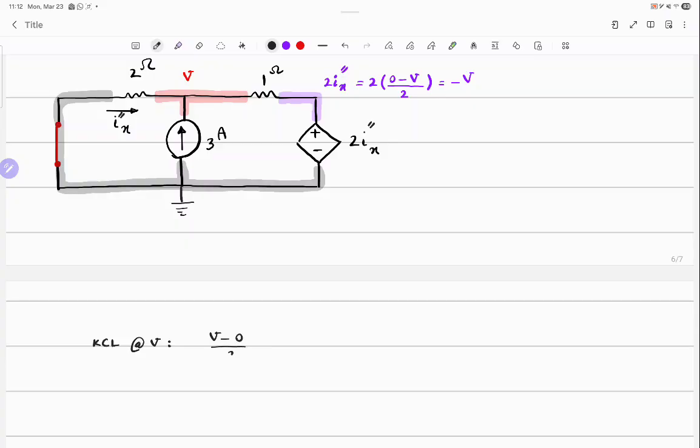V minus 0 over 2, plus next, Gloria, can you tell me the next, please? The one going down, what term is associated with that? Negative 3. Yeah.